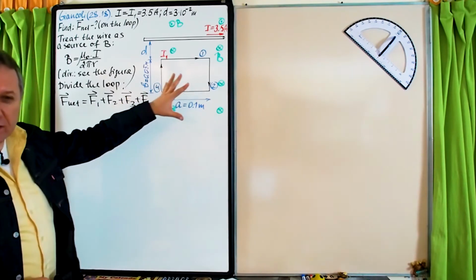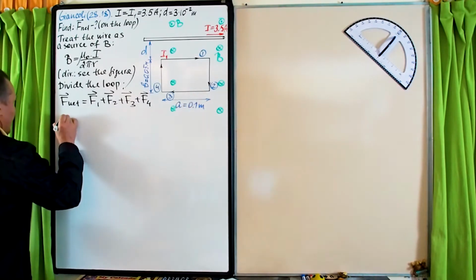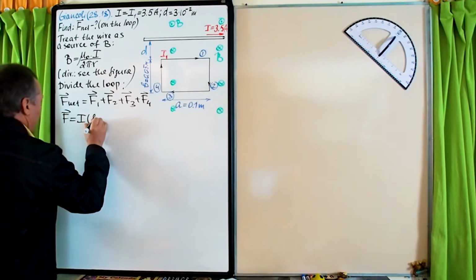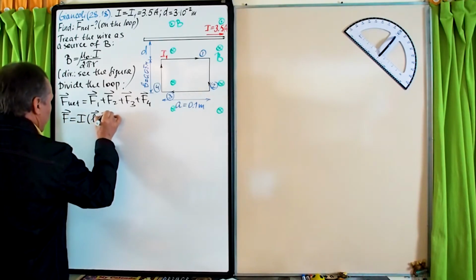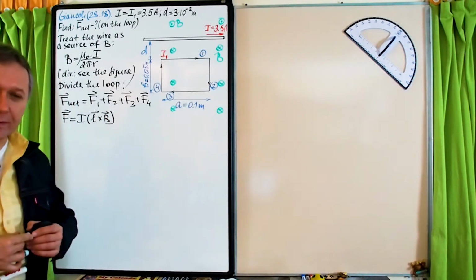So first, let's see the directions of these. No, let me write first the expression for the magnetic force. So F equals I L cross B. You remember in the previous recitation class, we practiced this formula, right?